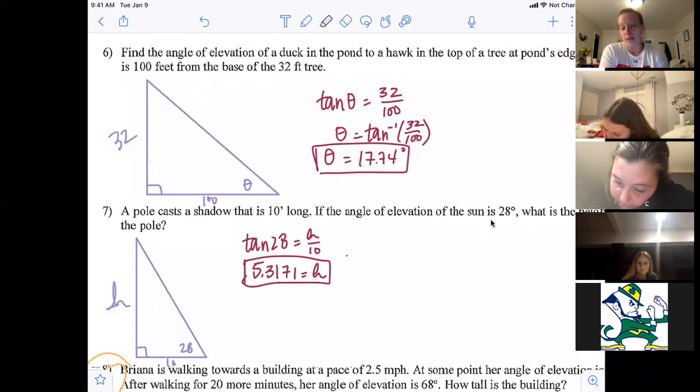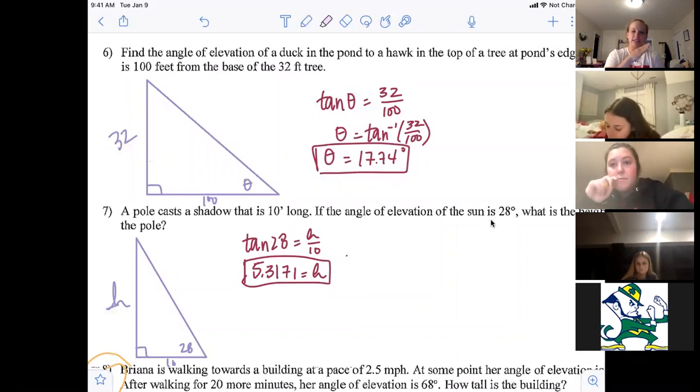Tan is the most common trig function that we're going to use because often we have a vertical distance and a horizontal, or we have an angle and either horizontal or vertical. Wanting the slant distance is kind of a weird thing to want. So tan is usually what we use. And also remember that if we're looking for the angle, you have to do tan to the negative first, the second tan. If you have an angle, then you press normal tan and then type that angle in.